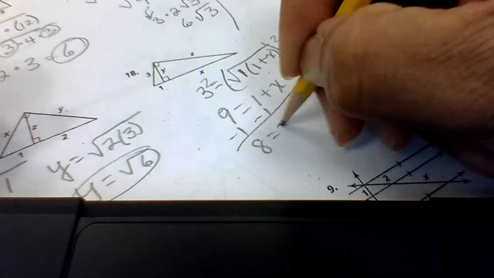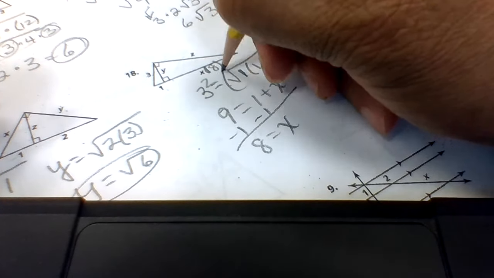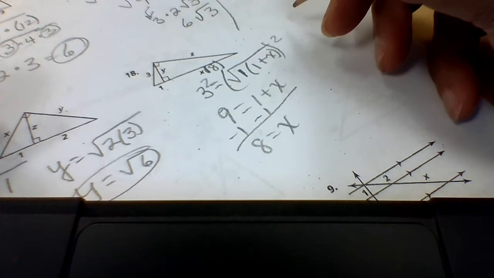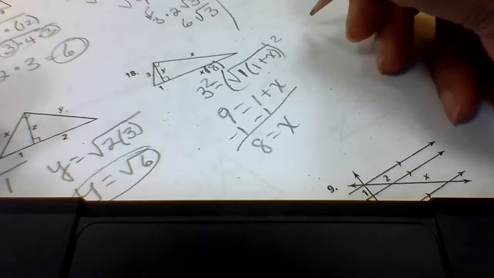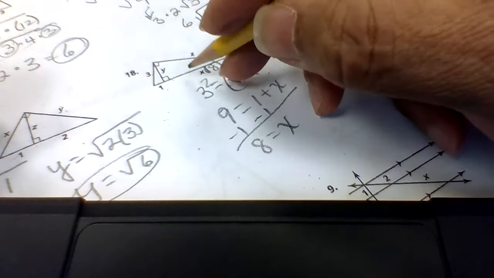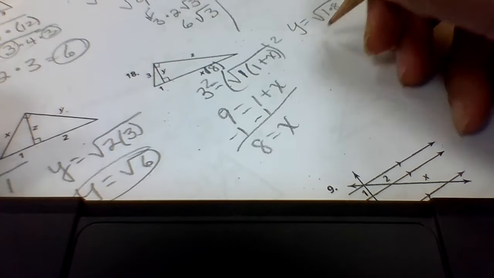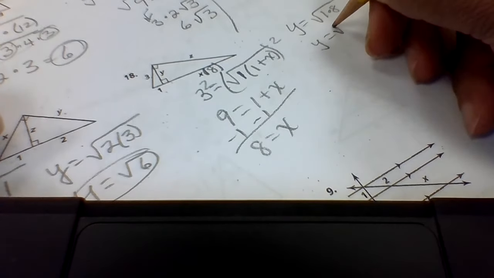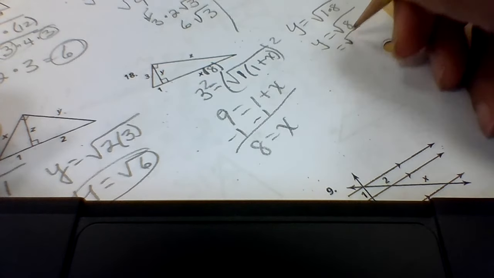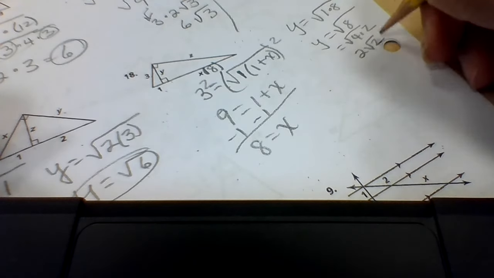So 8 is equal to x. To find y, it's going to be the square root of 1 times 8. So y is equal to the square root of 8, which is equal to the square root of 4 times 2, which is equal to 2 square root of 2.